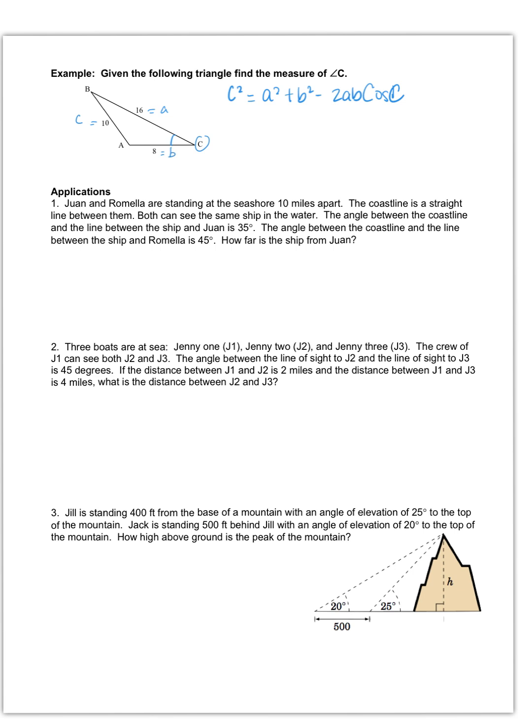All right, so substituting what we know, we have 10 squared equals 16 squared plus 8 squared minus 2 times, oops, sorry, not 10, times 16 times 8 cosine of C, which is what I'm looking for.